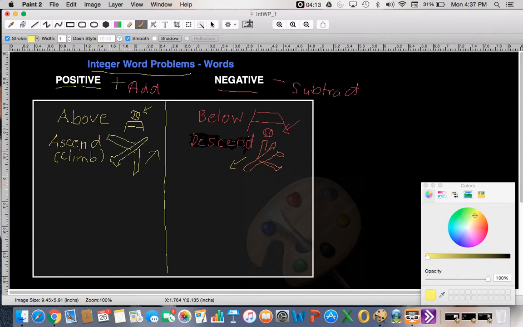Got it? Next would be deposit, and the opposite of deposit is withdrawal.